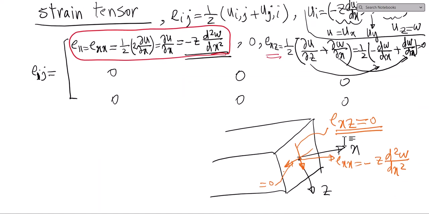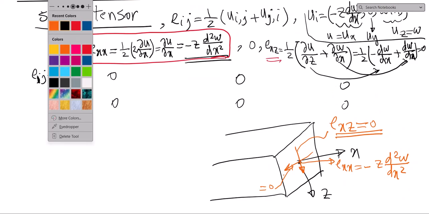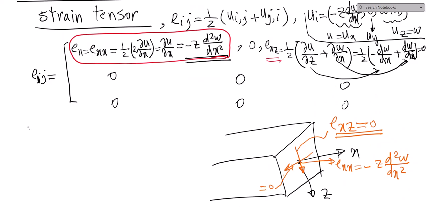So we are saying that the shear is absent in Euler-Bernoulli based on the kinematics assumptions.